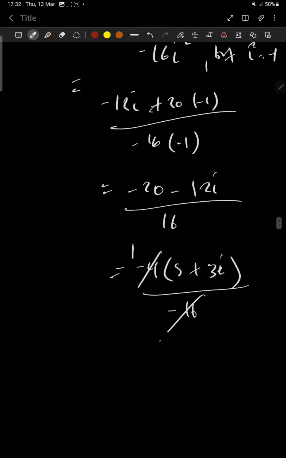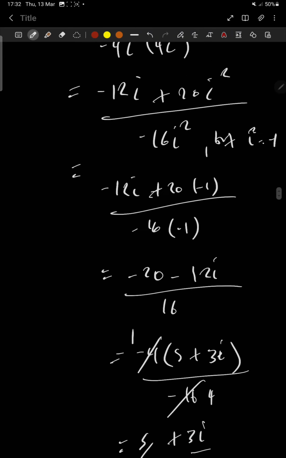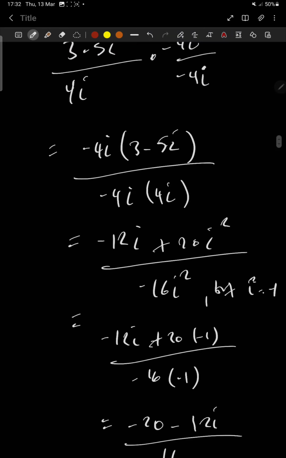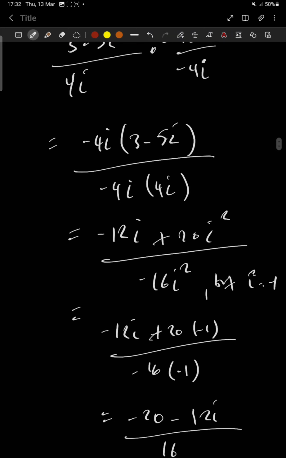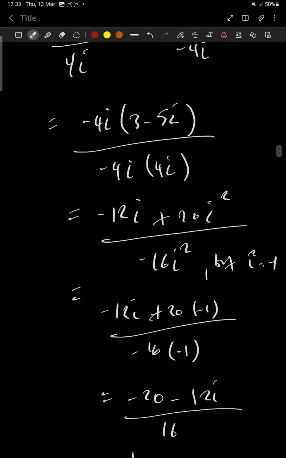Then this in here is 1, this in here is 4. Our answer is 5 over 4 plus 3i over 4. I'm sure that is the answer. Yeah, very sure that is the answer, 20i squared, pretty much that.